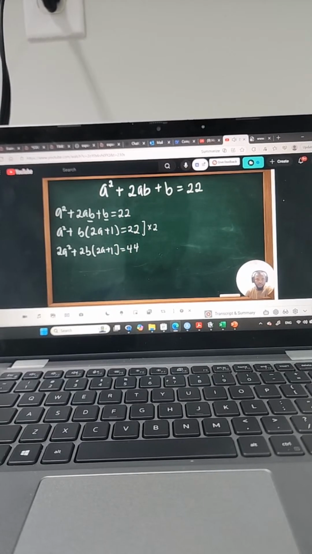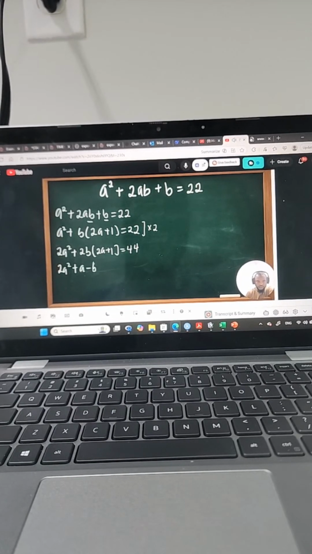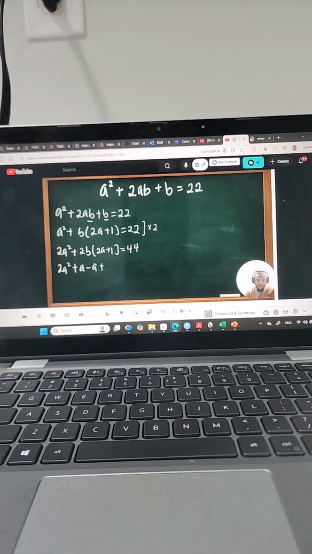So here you can have a squared, and I'm going to introduce plus a negative a. So here plus a negative a plus 2b into parentheses 2a plus 1 equals 44.